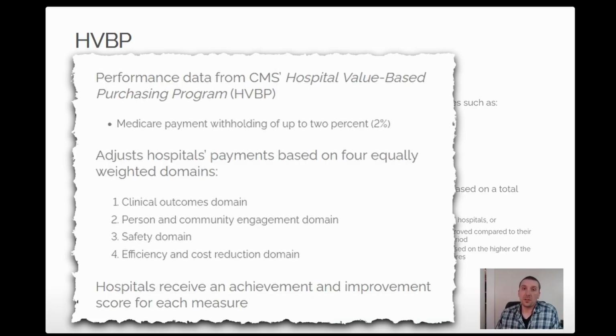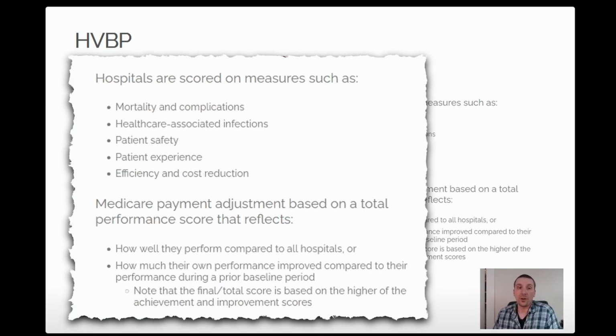In terms of scores, the hospitals get 1 for improvement over their baseline, so 1 for their own, and then 1 achievement score that's compared to all other hospitals. So 2 scores, whichever one is higher is their final score. And more specifically, the measures they're scored on are things like mortality and complications, healthcare-associated infections, patient safety, etc.